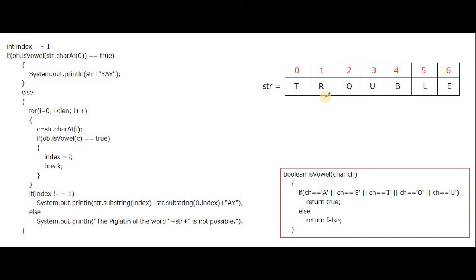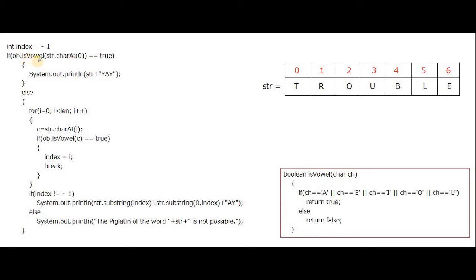If we store 0 here, that means we are indicating the first character. But we are not indicating any first character into the index. Index will store a value only if a vowel is present, and the first vowel's index will be stored. That is why initially it is -1. Such a position is not present in the indexing of any particular word, so that is why we started with -1.